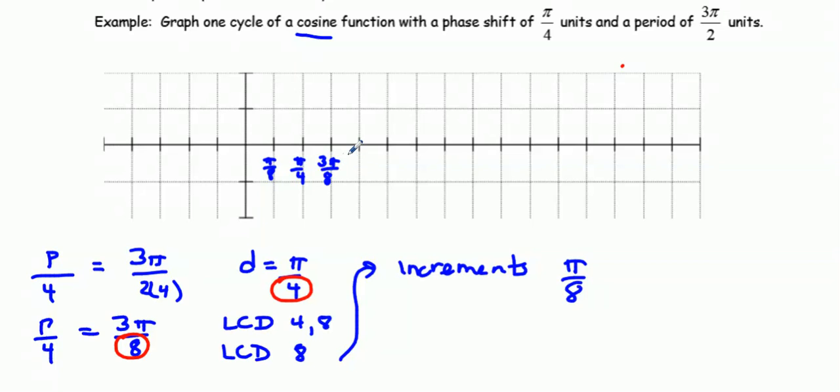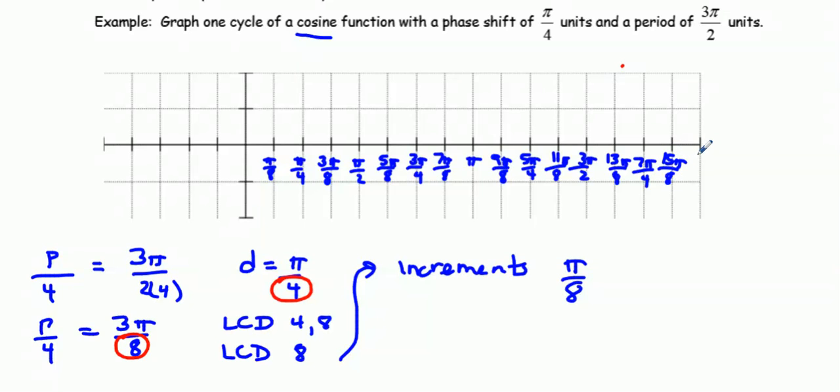They're just all pi by 8s. 1 pi by 8, 2 pi by 8, 3 pi by 8, 4 pi by 8, which is pi by 2, 5 pi by 8, 6 pi by 8, which is 3 pi by 4, 7 pi by 8, 8 pi by 8, better known as pi, 9 pi by 8, 10 pi by 8, which is 5 pi by 4, 11 pi by 8, which we can't reduce, 12 pi by 8, which is 3 pi by 2, 13 pi by 8, I'm just going to keep going here, 14 pi by 8, which is 7 pi by 4, 15 pi by 8, which can't be reduced, and 16 pi by 8, which is 2 pi.